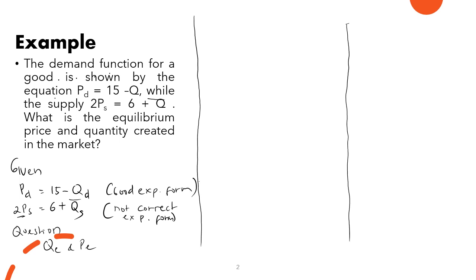First of all, I need to work on the supply function, since it is still not in the good form. 2PS equals 6 plus QS.